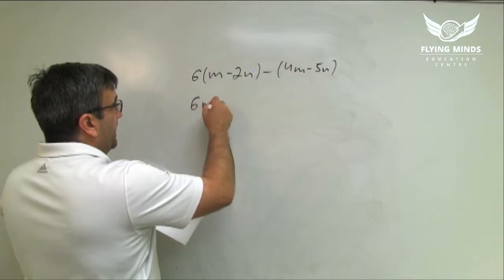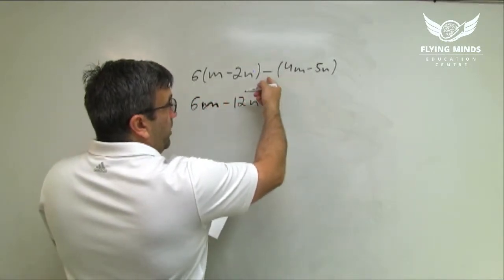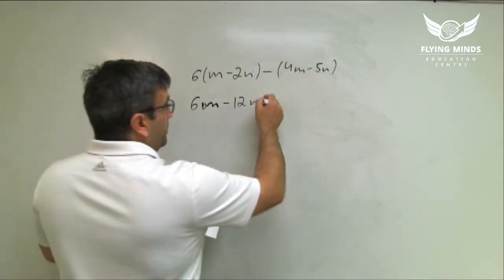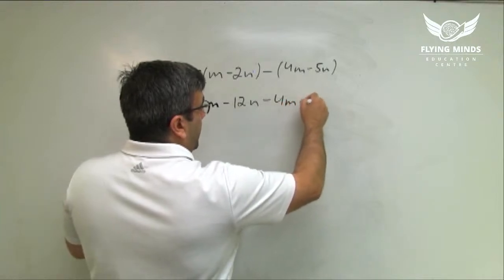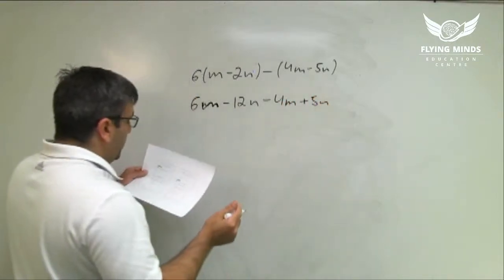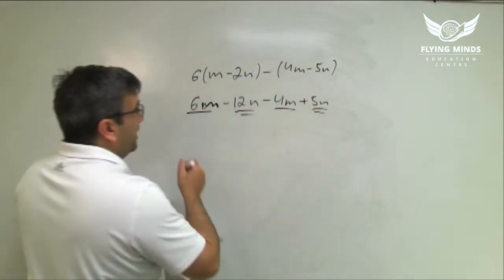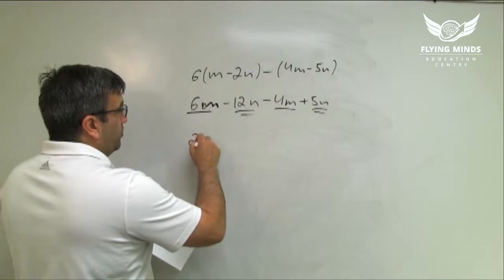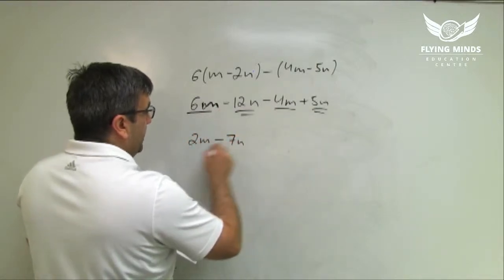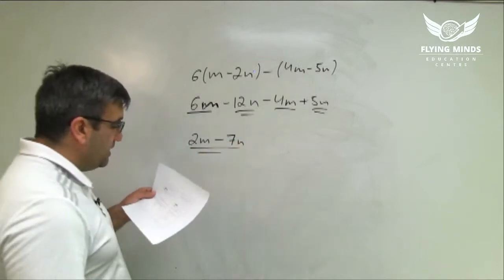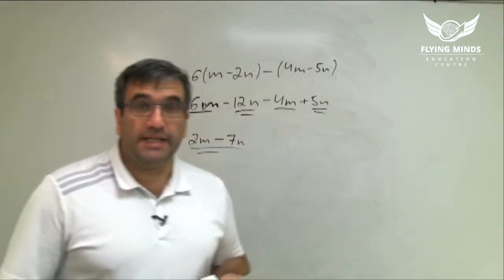So it will be 6m minus 12n. So here we have minus in front of the brackets. We need to be careful here. So it will be negative 4m plus 5n. So now we combine like terms. And we get 6 minus 4 is 2m. Negative 12 plus 5 is minus 7n. Here's our answer, and it will be D.